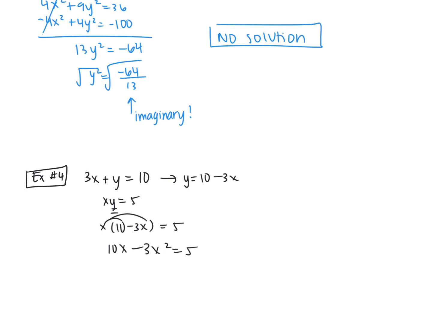I'm going to move everything to the right side, so that would give us 3x squared minus 10x plus 5. All I did was move this to the right side, move that to the right side. We're not going to keep going with this problem, but at this point you would factor or do the quadratic formula if you had to.